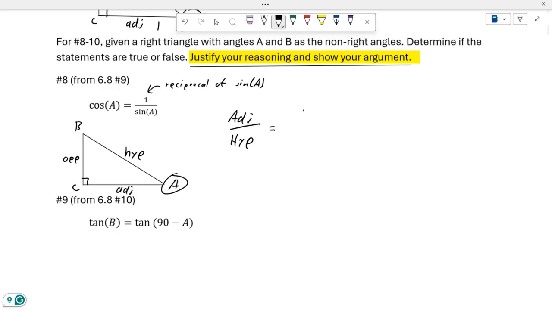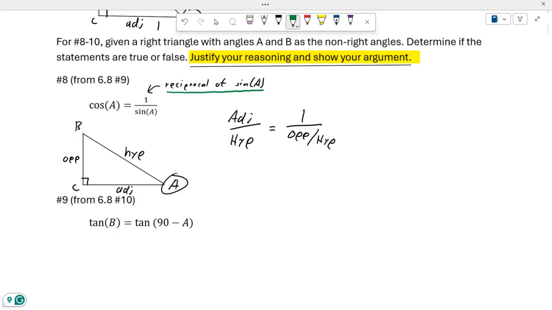Equals 1 over sine. Well, what is sine? What's the definition for sine in a right triangle? It is opposite over hypotenuse. And like I said, when you have 1 over something, that's just the reciprocal of it.